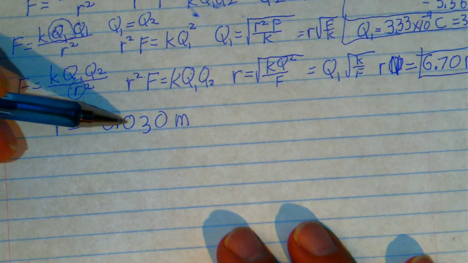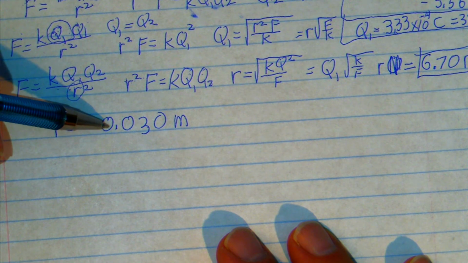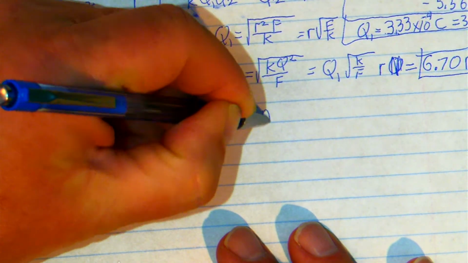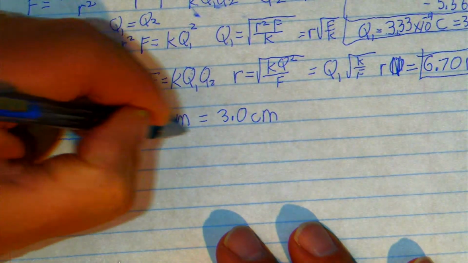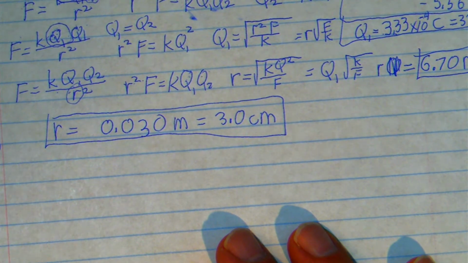Now, there is a Greek prefix that means 10 to the minus second power. That Greek prefix is called centi. So I could say that this is 3.0 centimeters, and that is identical to saying it's 0.030 meters.